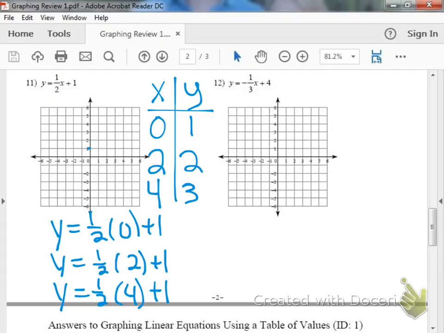Side to side 0 up 1, right 2 up 2, right 4 up 3. Connect it with a line. Arrows on the end. Good to go.